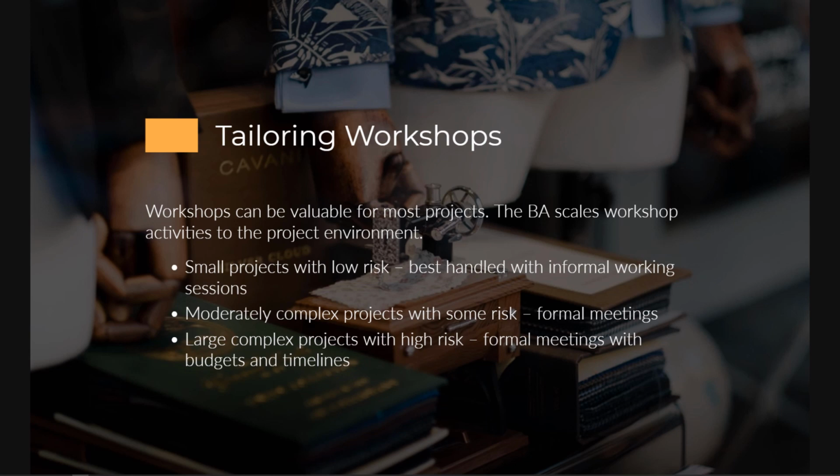So a large complex project, you may end up with a JAD session with 40 people in it. That's an example of that. A moderately complex one may have 10 or 20 people. A small project, you may only have 5, but it's still a workshop and it should still be considered as such and still follow the same rules and guidelines.